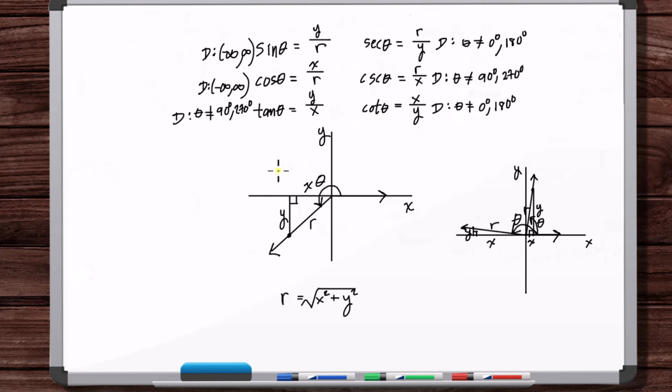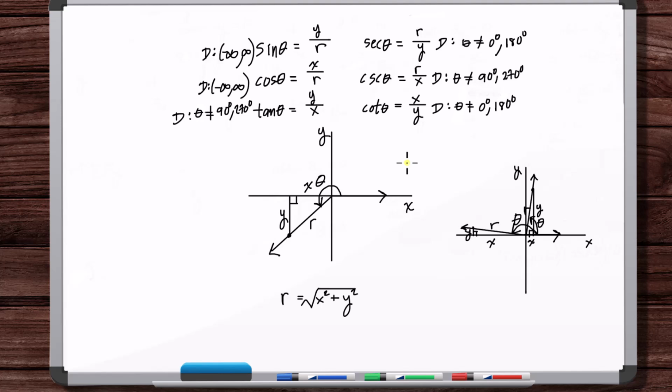Okay, great. So that's the domains, but what about the ranges? Let's think about sine. Sine is opposite over hypotenuse. It's always the y over the r, right? It's not like the angle, depending on the quadrant, can be oriented in a certain way to where the opposite is the x value. No, it's always the y over the r.